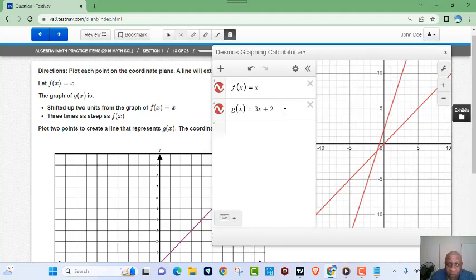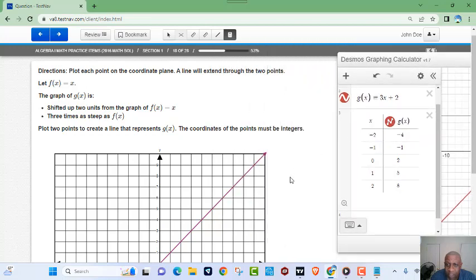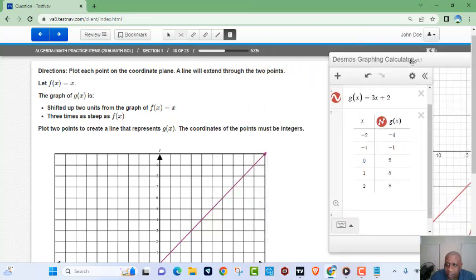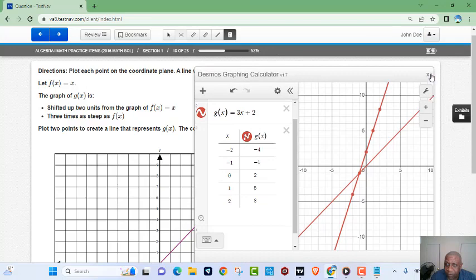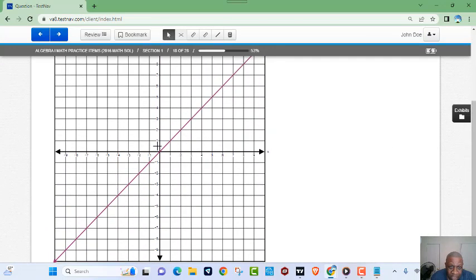Okay, well that's simple. We're already here. All you do is hit the gear icon and hit that table icon, and there's a couple of points you can plot, 1 and 5 and 2 and 8. So let me just move this out of the way. So I can plot 1 and 5 right there.